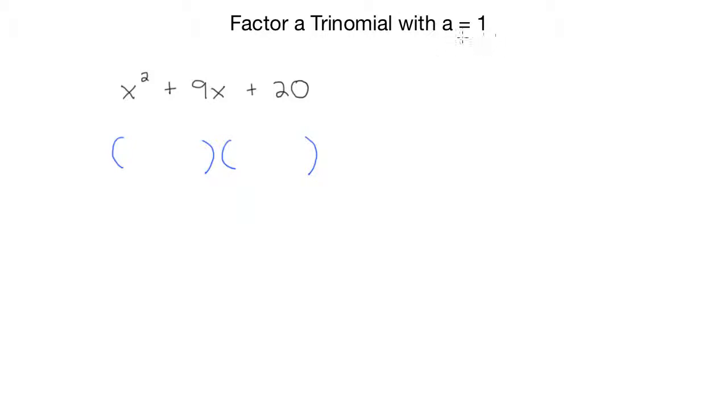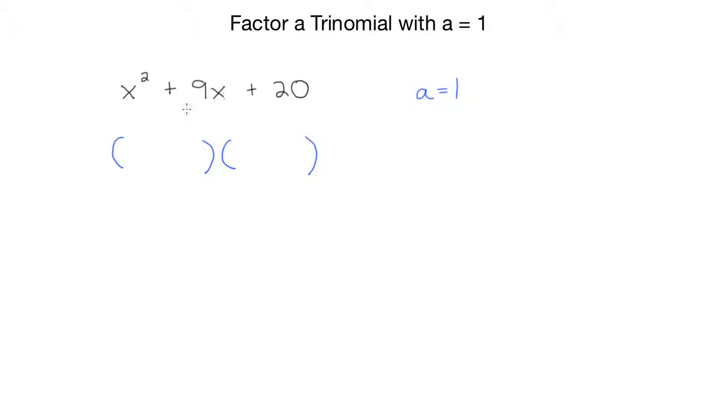First of all, when we're talking about factoring a trinomial with a equals 1, we're talking about the coefficient. If I look at this x squared, there's no number multiplying it. Well, that means there's a 1. It's an invisible 1 times x squared. So my value for a in this trinomial is just 1.